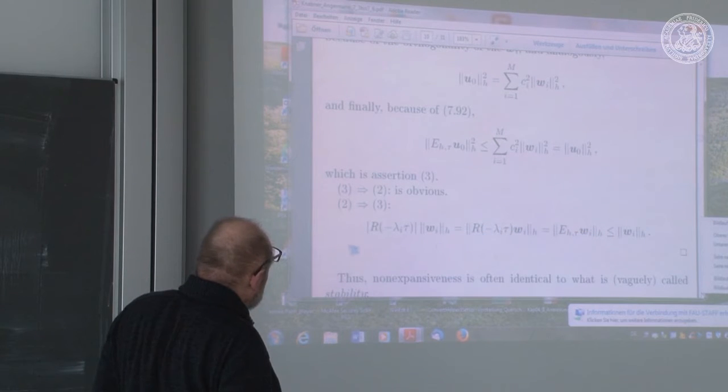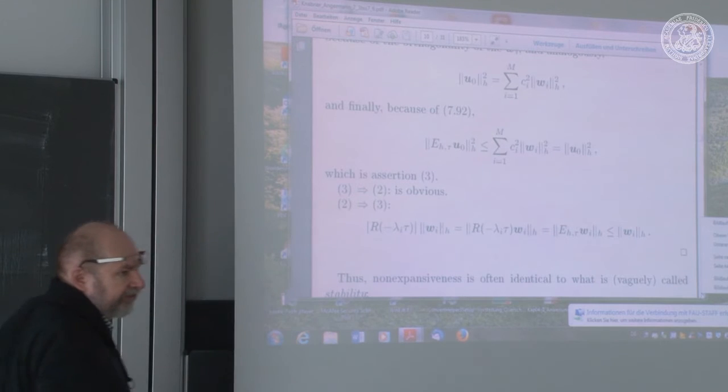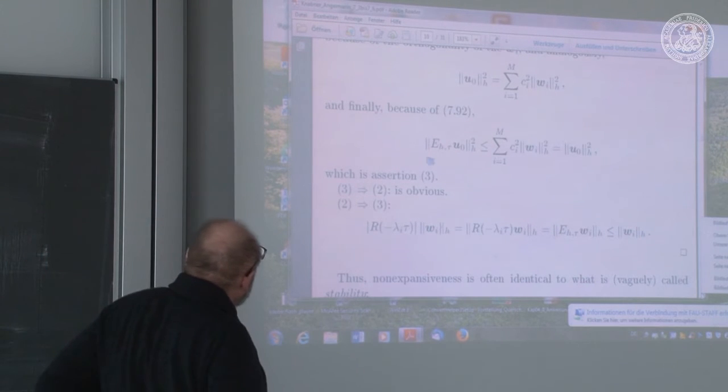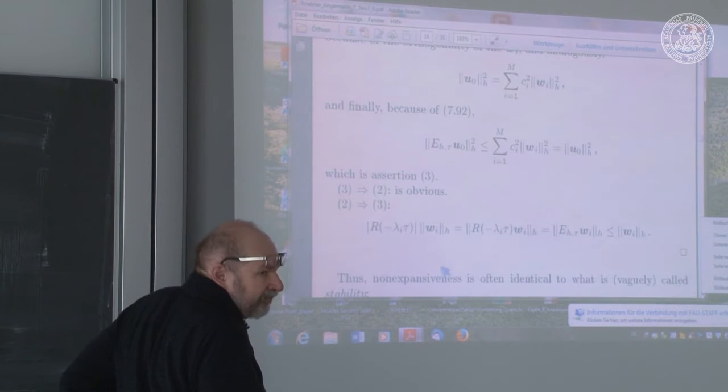This is just this here. This can be estimated by this here. That is the stability assumption. Now we cancel here the norms of the eigenvector, and then we have what we would like to see, namely r at minus lambda_i tau is less or equal to 1. That was the assertion. This is a misprint here. That is not 2 to 3. That is 2 to 1 here.